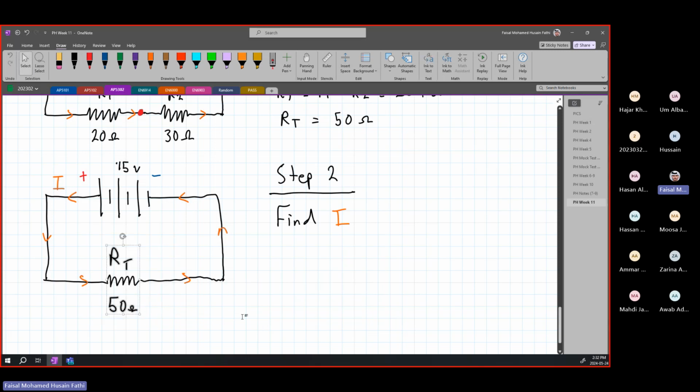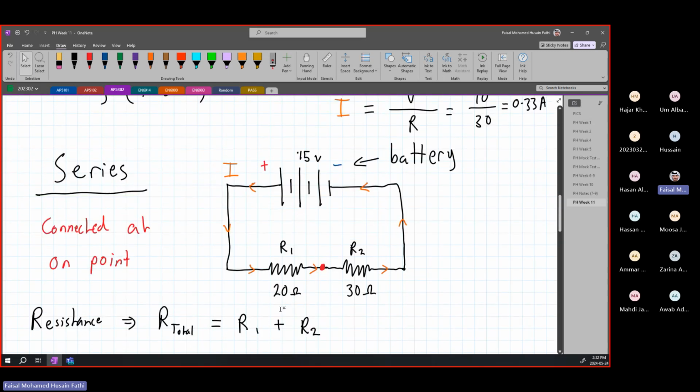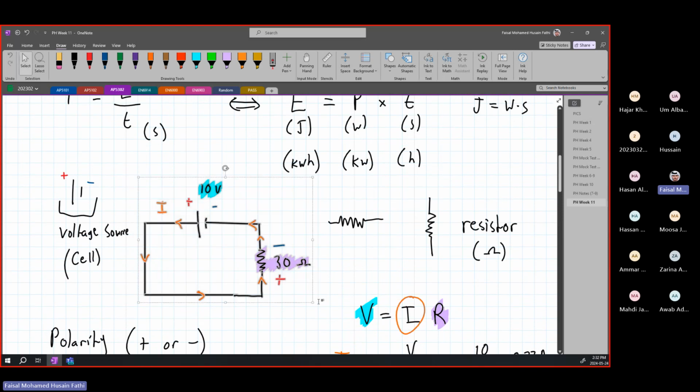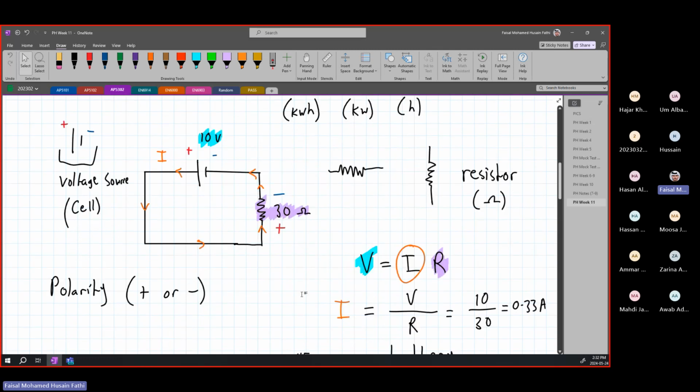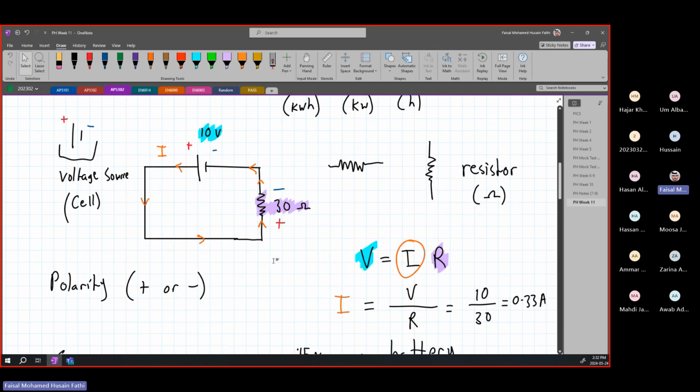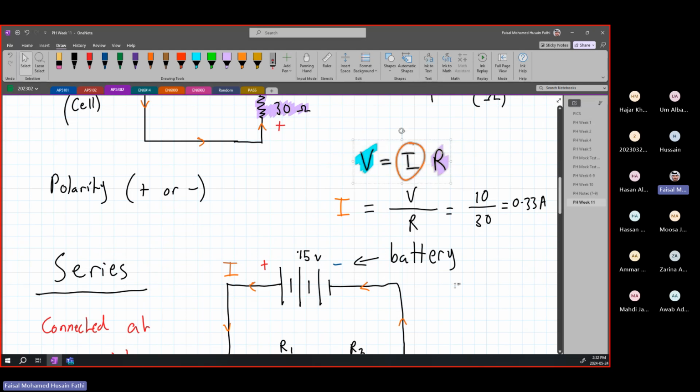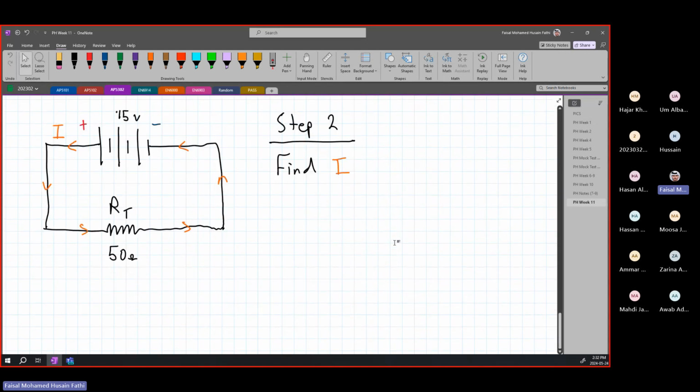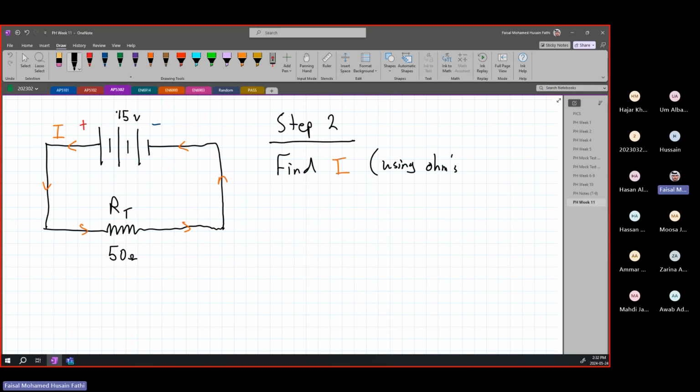Because we only have one single resistor, and early on we were already able to find the current for one resistor in any circuit, by applying V equals IR. So this is what we are going to do to find I. Find I, and I'm going to put in brackets, using Ohm's law. This is going to be your second step.